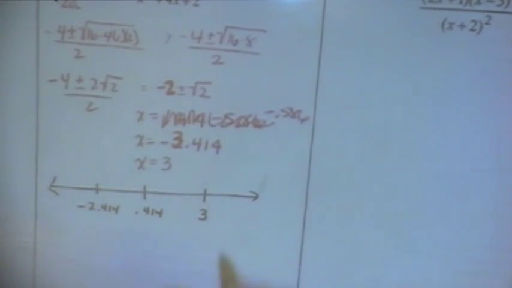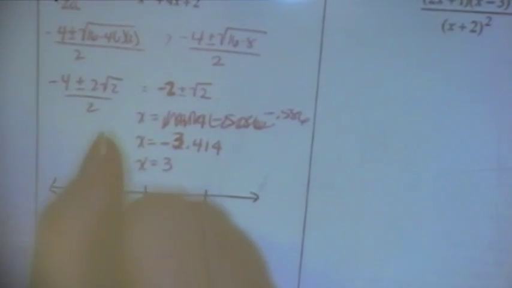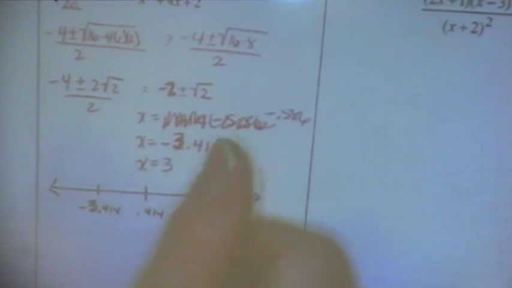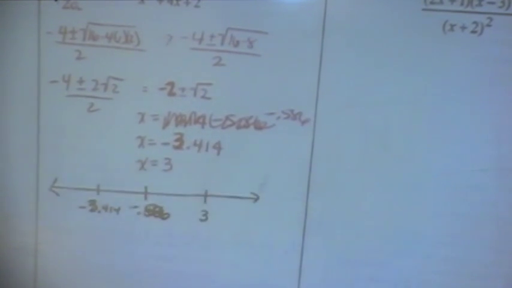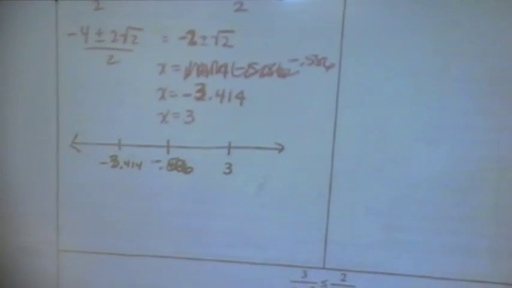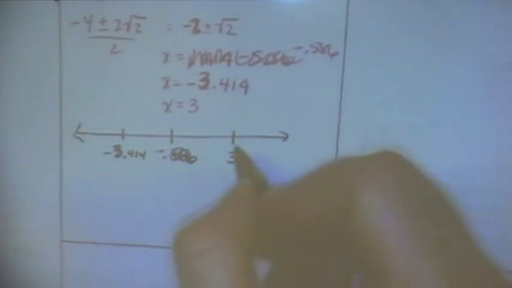And then 3. Okay, so let me fix my number line real quick. So this is going to be negative 3.414. This one is going to be negative 0.586. This is why I shouldn't do math in pen, but y'all can't see pencil when I write up here. So, okay, and then 3. That's in the right place.